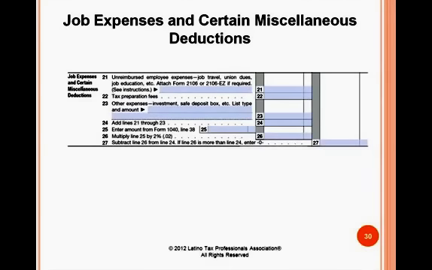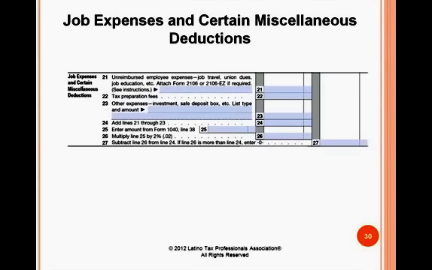A good example is here in the state of California, correctional officers. Correctional officers must provide and pay for their own uniforms. There are specific requirements. They're very expensive, so they're able to deduct those uniforms. Cleaning fees, requirements for grooming.